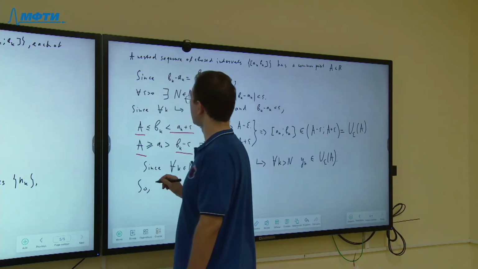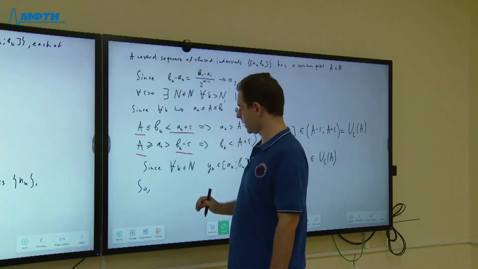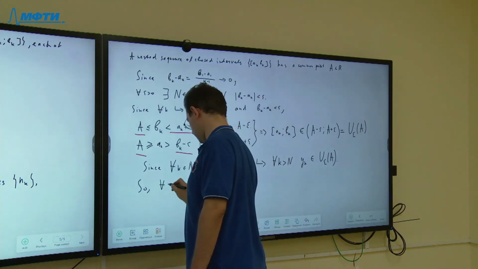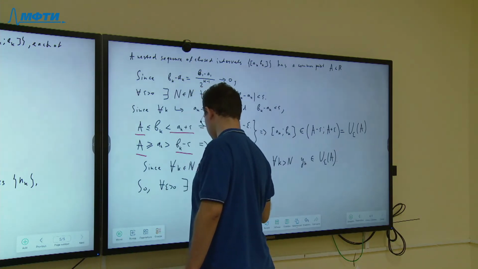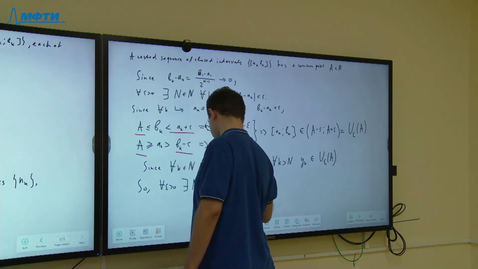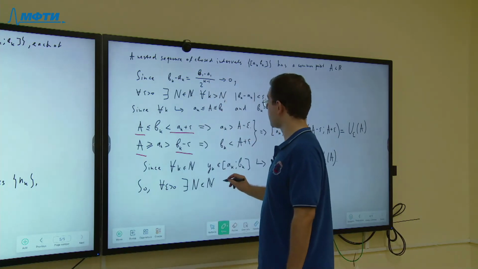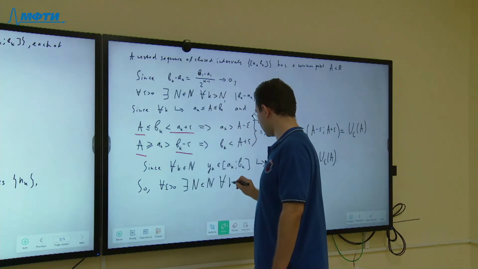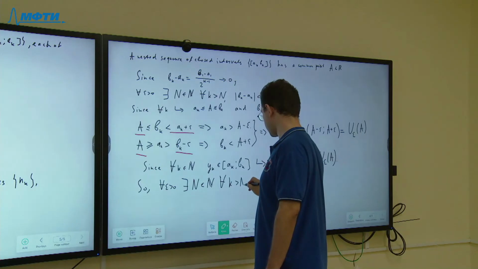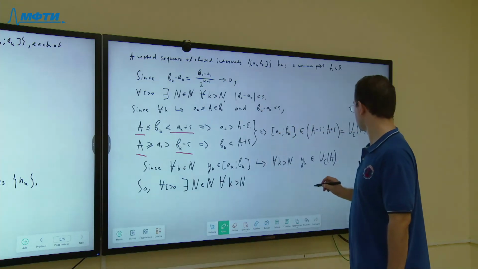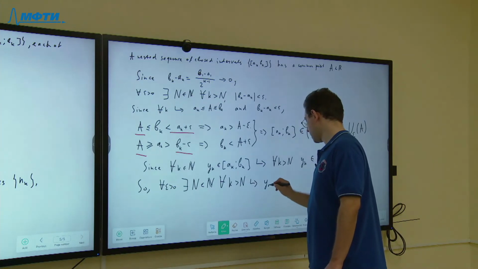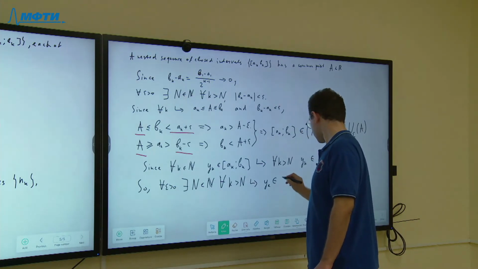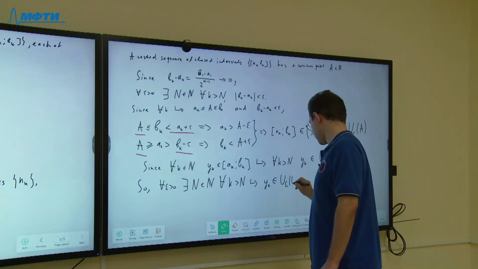So, for any epsilon greater than 0, there exists capital N such that for any k greater than capital N, y_k lays inside the epsilon neighborhood of a.